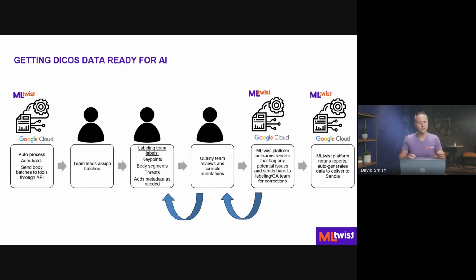You want to, as much as you can, limit the ability to make errors or have those errors impact things downstream or upstream. You then have automated or semi-automated quality control, and then you have the ability to transform all that data and push it through to a way that entities like Sandia, like their partners, like others, are able to then develop AI models and continue to improve them.